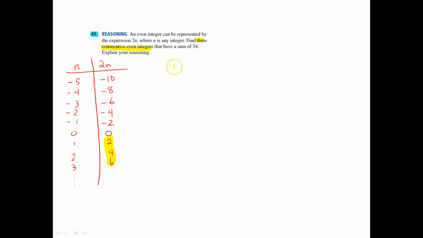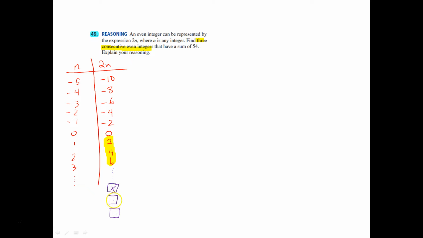So how can I use algebra to help me find that? Well, somewhere on down the line, there's going to be these 3 integers, right? There's going to be 1, 2, 3 of them in a row. And all we need to do for algebra is let a variable be a placeholder. So let's let the first one be called x.